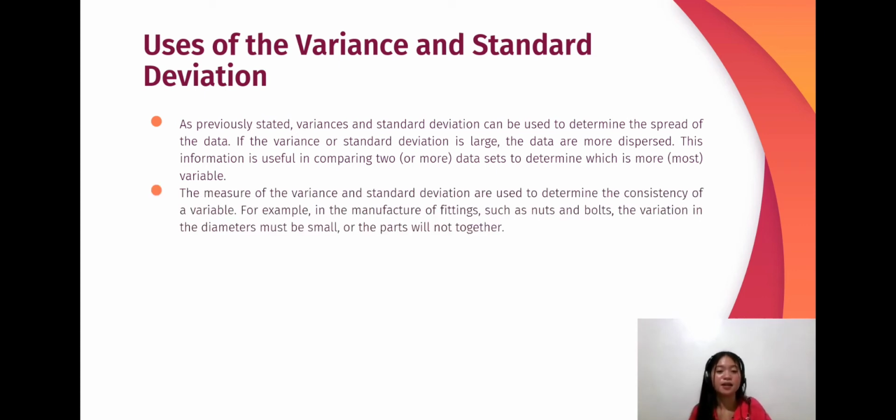Then, the variance and standard deviation are used to determine the consistency of a variable. For example, in the manufacture of fittings, such as nuts and bolts, the variation in the diameters must be small, or the parts will not fit together.